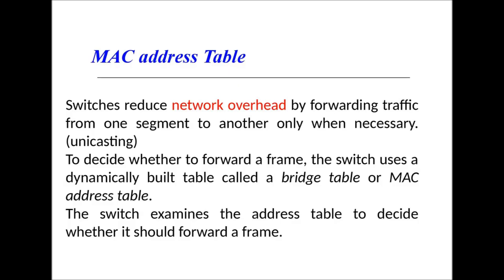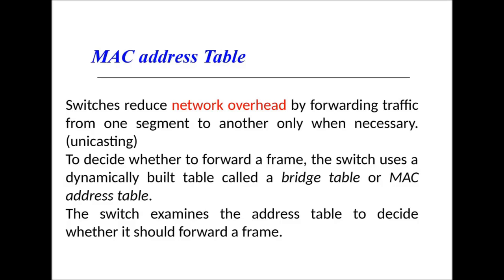Second point, to decide whether to forward a frame, the switch uses a dynamically built table called a bridge table or MAC address table, and all the addresses of connected computers are saved over here. The switch examines the address table to decide whether it should forward a frame.